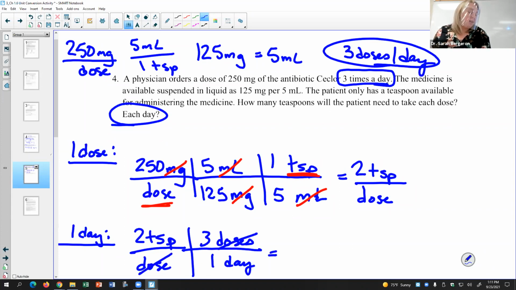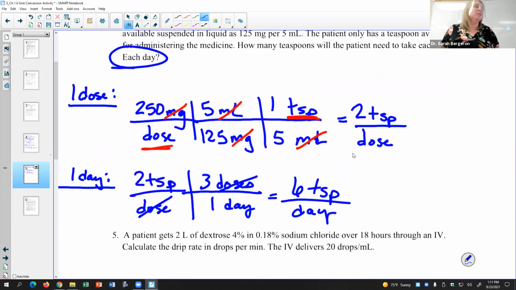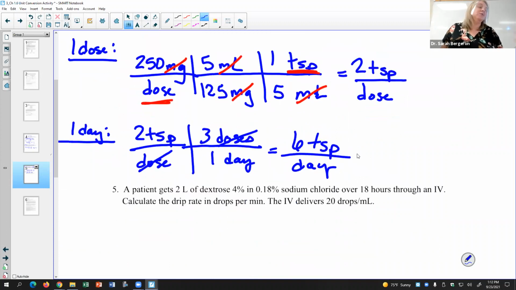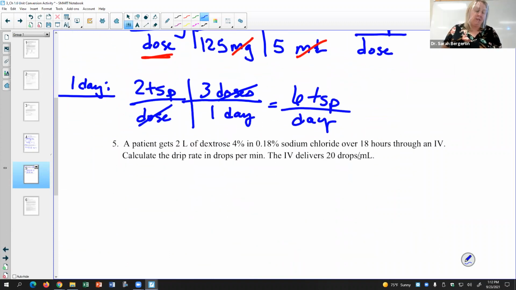So doses cancel. What does he need in a day? 6 teaspoons per day. All right. And then you know how much medicine overall to give to the patient, or how much you'll need to treat the patient for a day, or whatever it is.